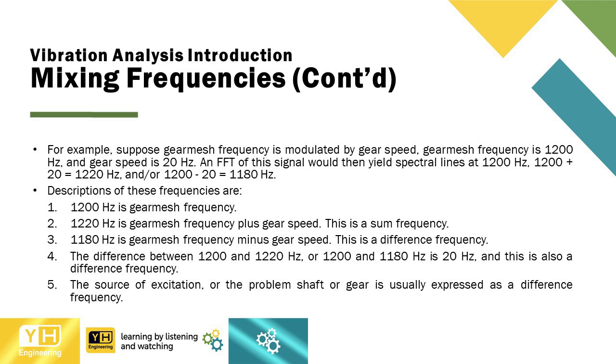Number 4, the difference between 1200 and 1220 Hz, or 1200 and 1180 Hz, is 20 Hz, and this is also a difference frequency. Number 5, the source of excitation, or the problem shaft or gear, is usually expressed as a difference frequency.